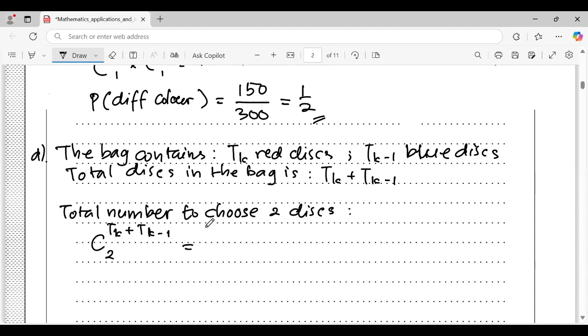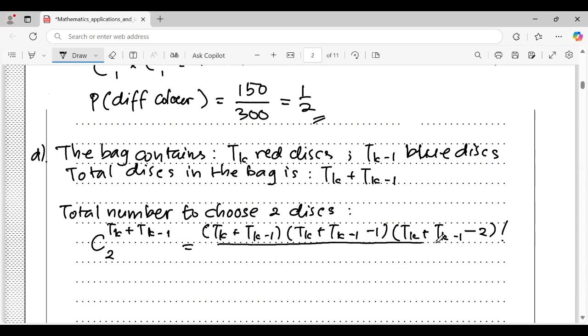This combination becomes (Tk plus Tk minus 1) times (Tk plus Tk minus 1 minus 1) over 2, because the 2 factorial divides out and becomes 1.